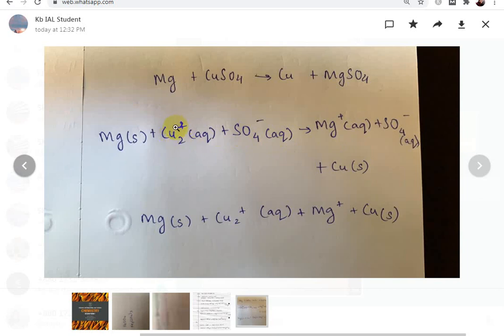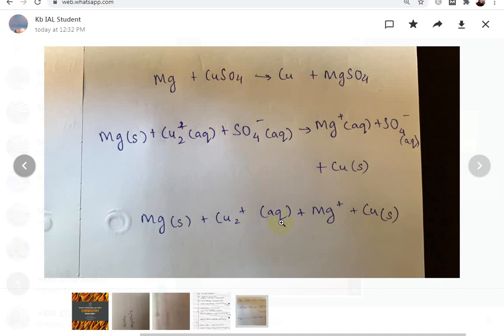Here the charge is 2 plus, and the sulfate charge is 2 minus. Here copper's 2 is not a subscript. It will be a superscript. Here 2 plus. Okay, are you listening to me? Yes, sir. Copper will be 2 plus and sulfate 2 minus here. Okay, you have a mistake there.